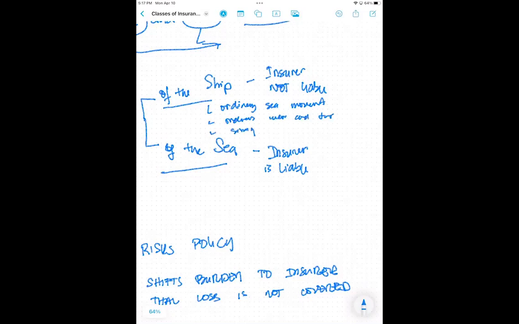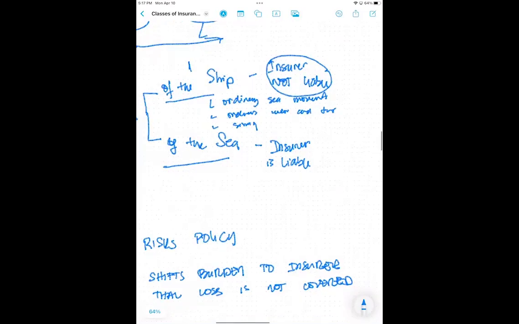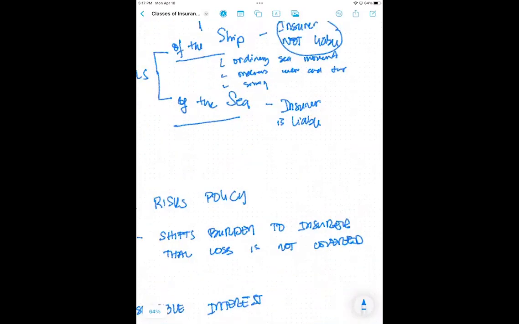These are considered perils of the ship. And what is the effect? Okay, the effect is that if the loss is due to perils of the ship, then the insurer is not liable. Okay. Now, what about perils of the sea? So these are the perils that may or may not happen, and in case loss or damage to the ship will happen because of these perils of the sea, then the insurer is liable.